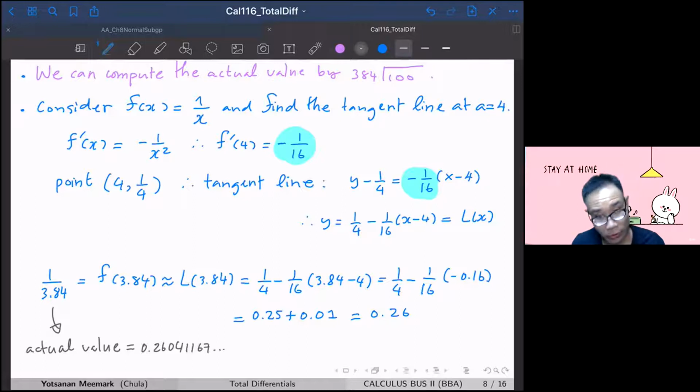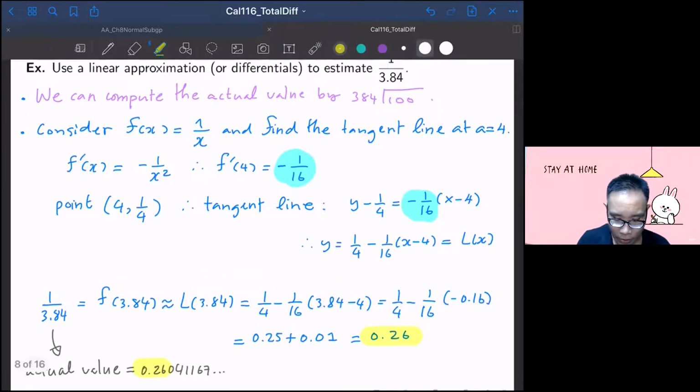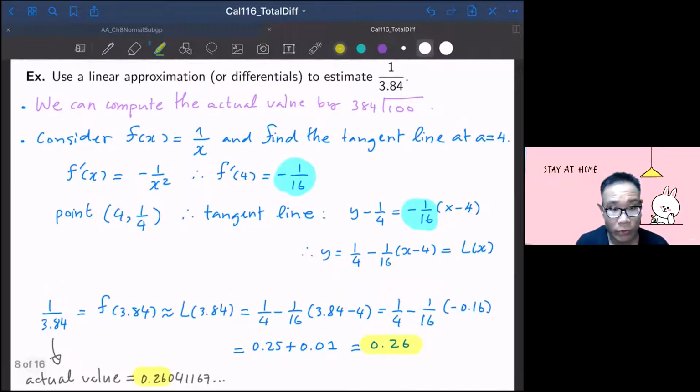Okay, so you see that the approximation that we get is kind of good. This one is kind of close to the actual value. So this is the way to use the differential in order to obtain the approximation when you like to study the change of the function.